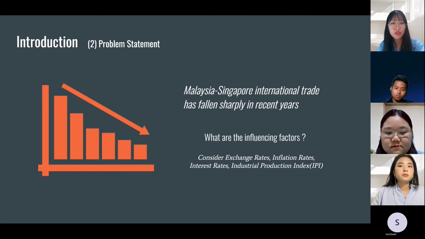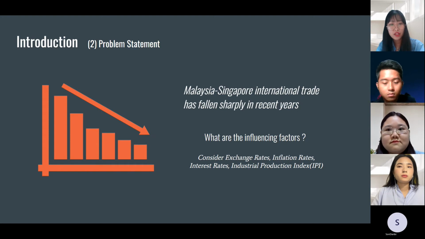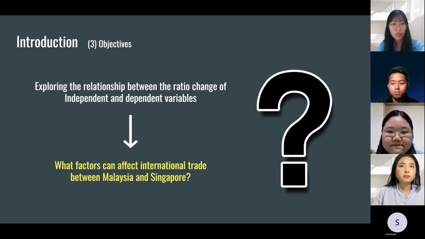However, international trade between Malaysia and Singapore has been falling sharply in recent years. Therefore, we wanted to study what factors influence the sharp decline in international trade between Malaysia and Singapore. So we consider four factors in the study: exchange rate, inflation rate, interest rate, and the IPI.